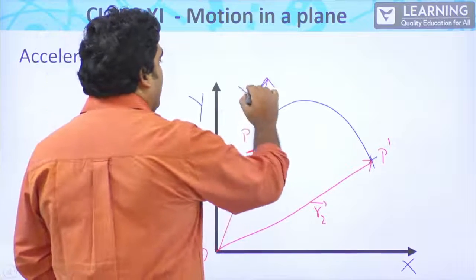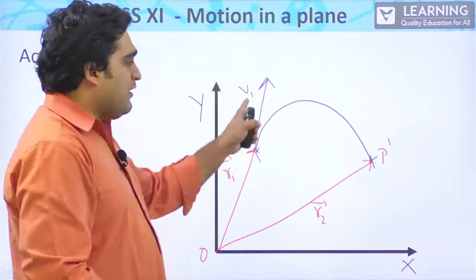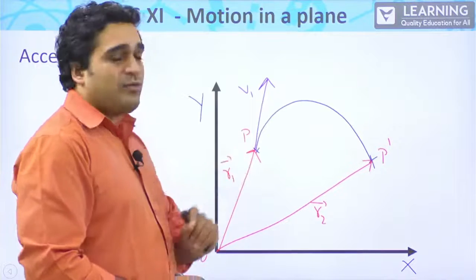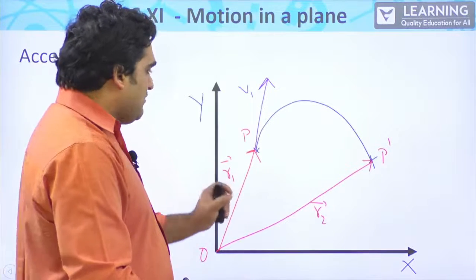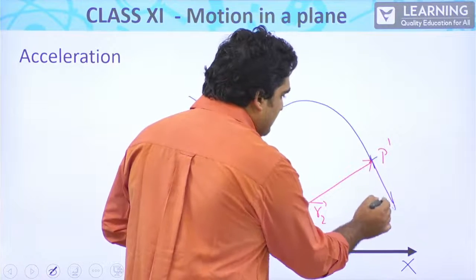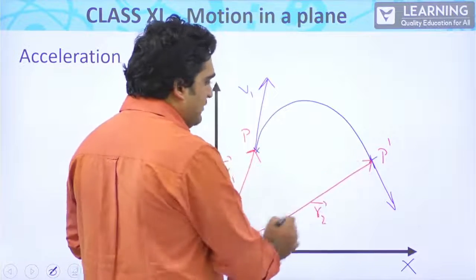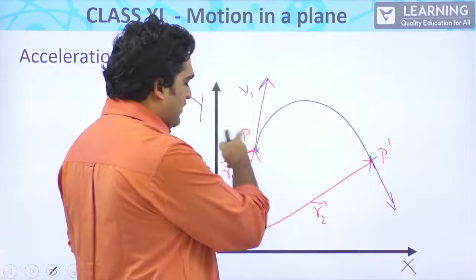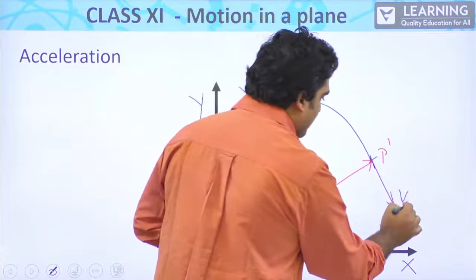Let's call this V1. V1 represents the instantaneous velocity at position R1. Similarly, V2 will be the instantaneous velocity at the position P prime. Here I said R1, sorry, it's P, all right? So V2.